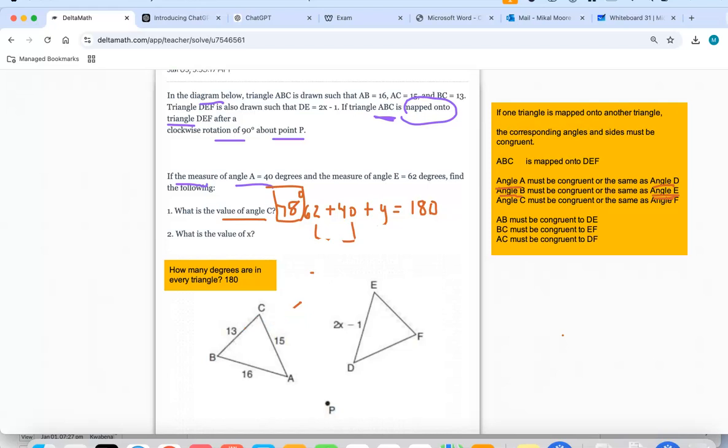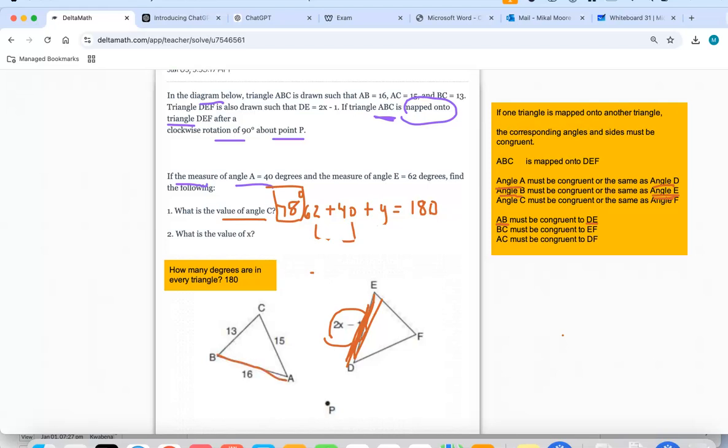We're going to use kind of what we did earlier. We know this is where x is, and this represents DE. DE is congruent to AB. So whatever this side DE is, it must be the same as AB.